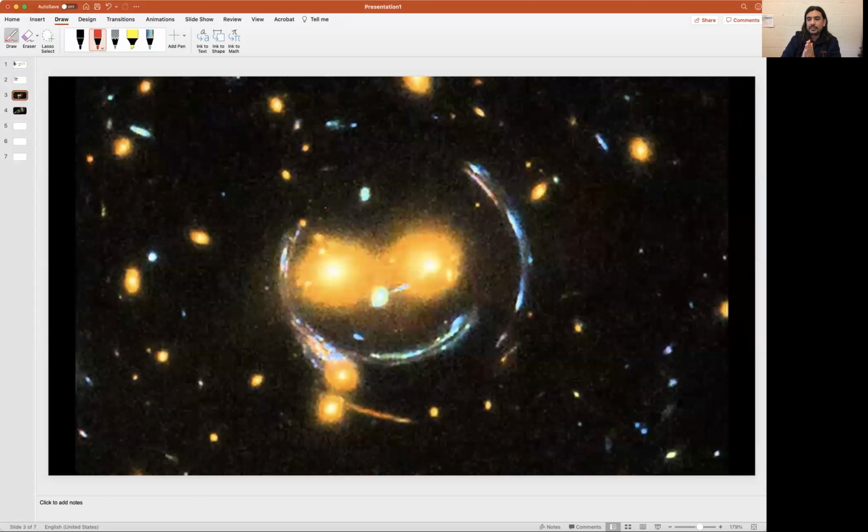This picture that I'm showing now is different galaxies, and the light is bended and it looks like this particular object. So that deflection was predicted, excellent agreement to what was measured, and is what makes Einstein really famous.